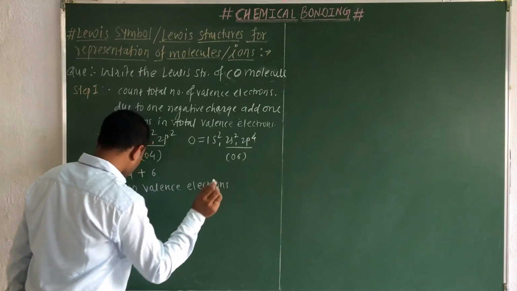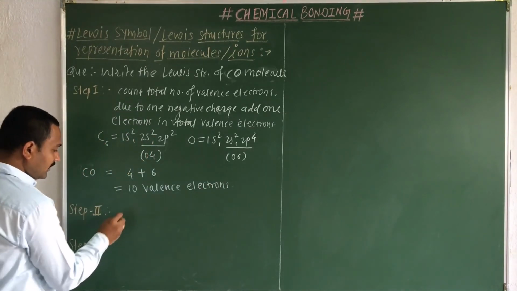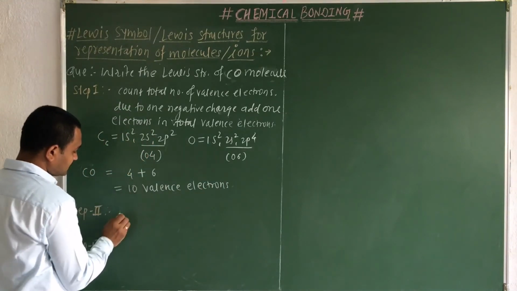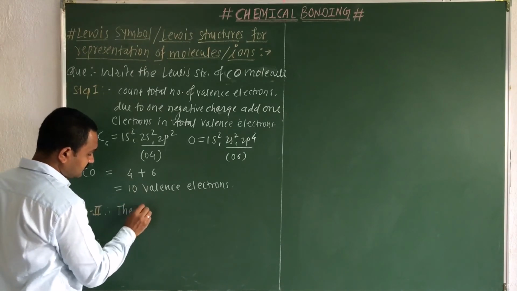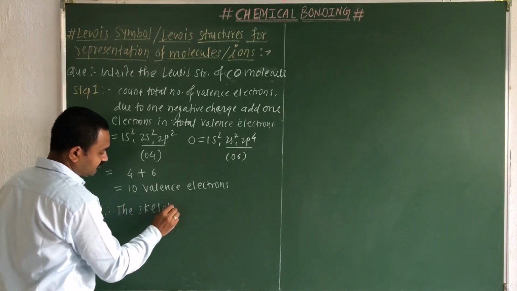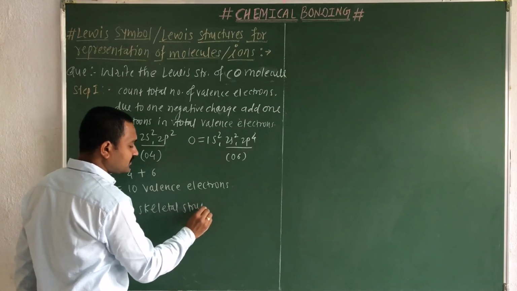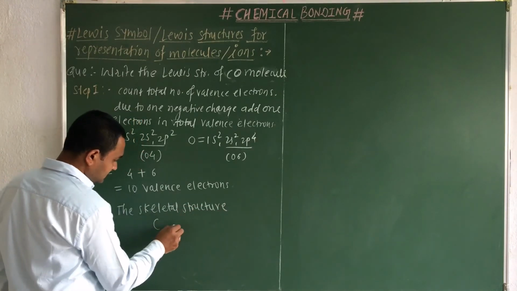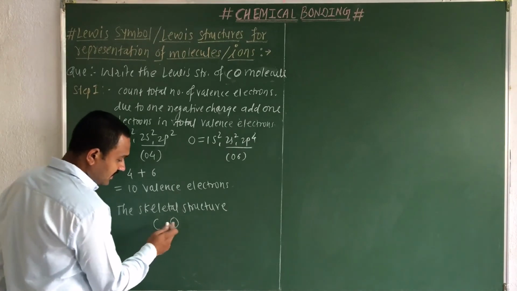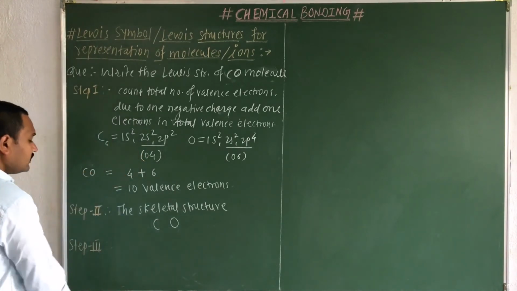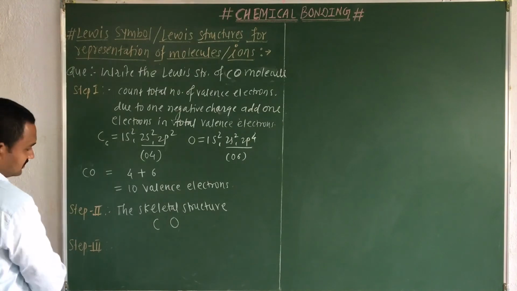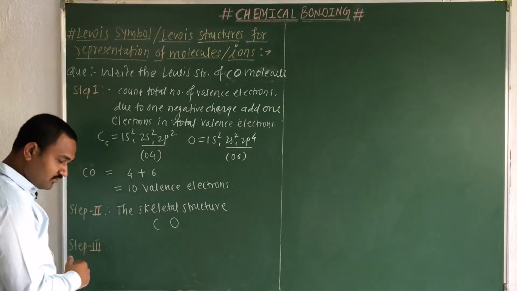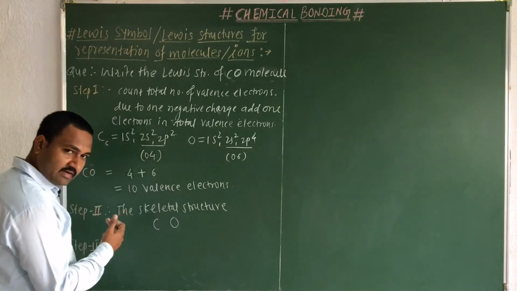Now we have to write the skeletal structure. In this particular molecule there are only 2 atoms, so the skeletal structure will be represented as C and O. Now, in the third step we have to draw the single bond first, and then place the other valence electrons.